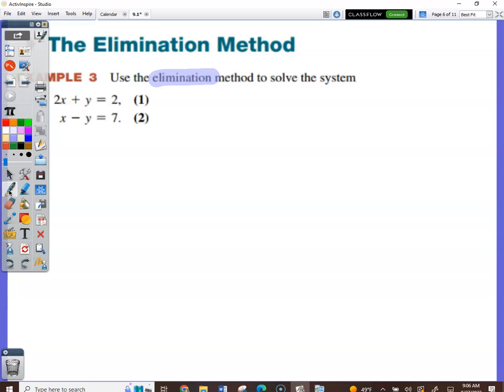The idea here is if my equations have a single variable with opposite coefficients, so for instance, like right here, if you notice one equation has plus y, the other equation has minus y, you should see visually if I just stack them and add straight down, what's going to happen to the y's? They're going to go away, which is why it's called elimination.